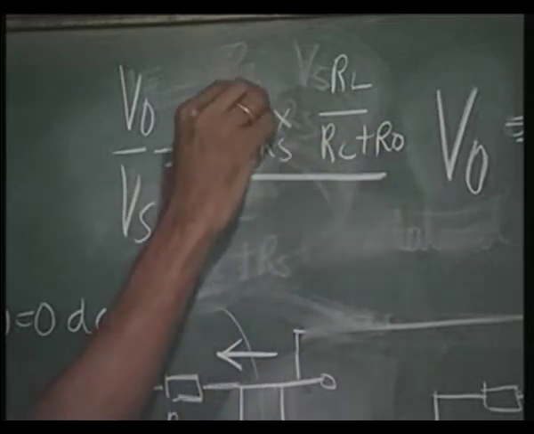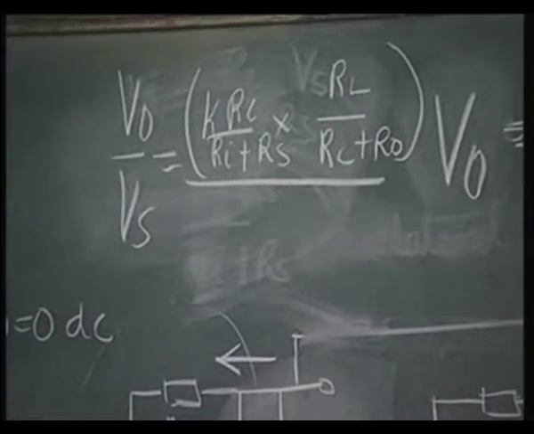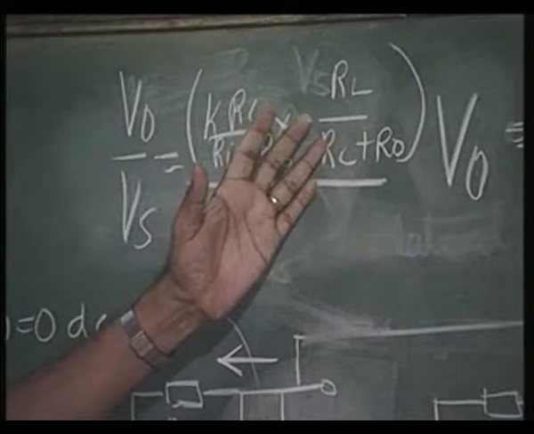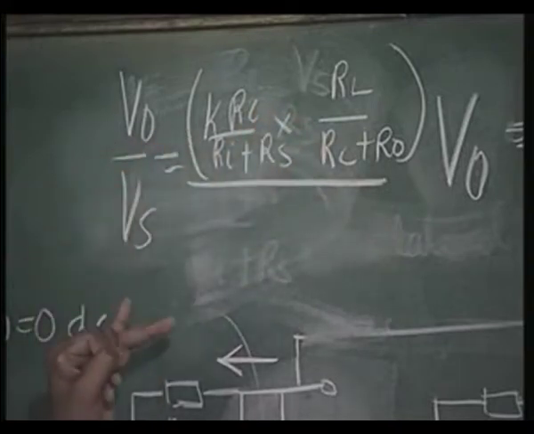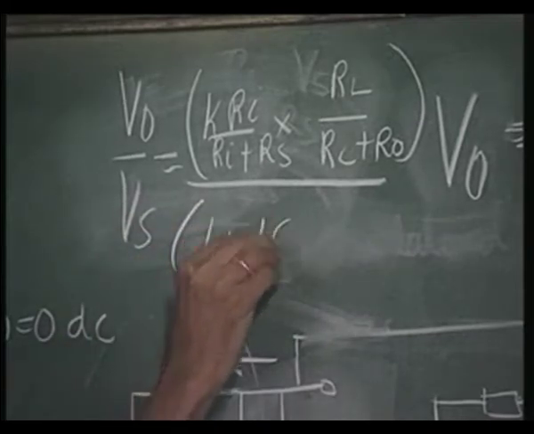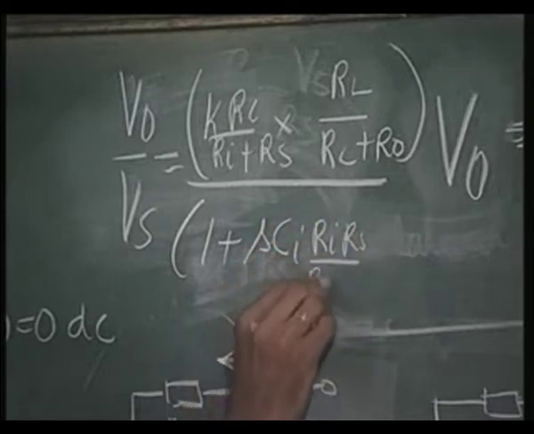This was the earlier expression. You can refer to your notes and verify. This was our earlier expression for voltage gain V naught over Vs. Now that gets modified by 1 plus S Ci Ri Rs by Ri plus Rs.